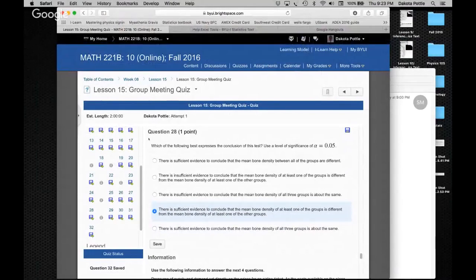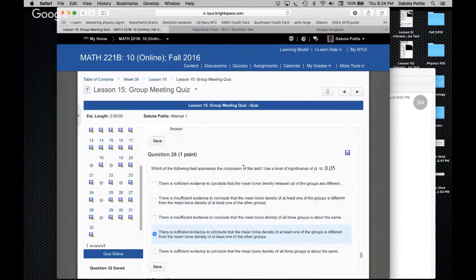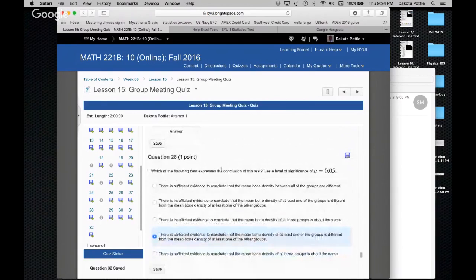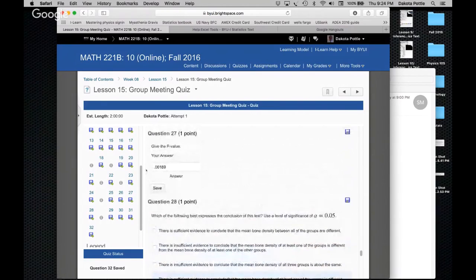Yeah. Okay, good. So question 28, I put down D. There are five answers, and I put down the 4th out of 5, so D, which says there is sufficient evidence to conclude that the mean bone density of at least one of the groups is different from the mean bone density of at least one of the other groups. I put this down because the p-value is less than alpha, and if the p-value is less than alpha, then the rule is that we reject the null.